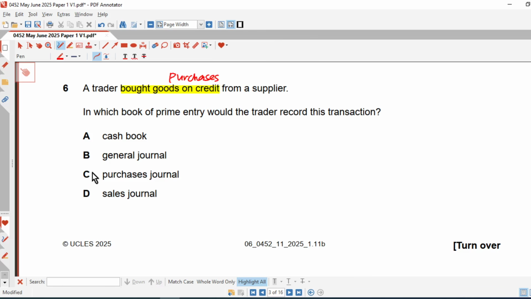So credit purchases would go into your purchases journal. The cash book, you will see all the cash and bank transactions, right? Sales journal, you're going to record all credit sales, right? And the general journal will be used to record any other transactions which do not fall into the other books of prime entry.